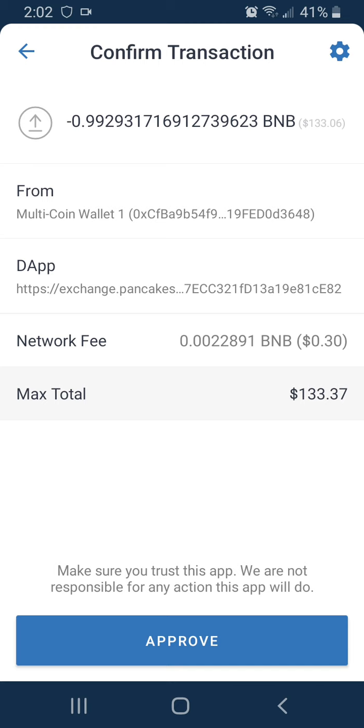So just off the top of my head, wild math, because I'm not using a calculator, I am about to put in about $266 worth of fiat value. The cake shows the BNB value at the top and fiat value, but it does not show the cake. I just noticed that's interesting.